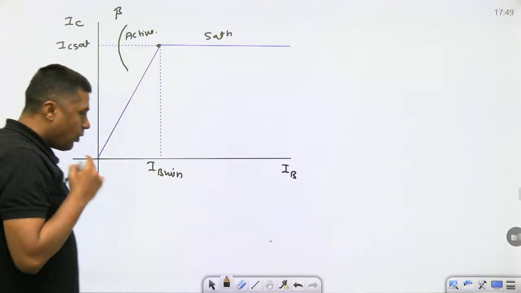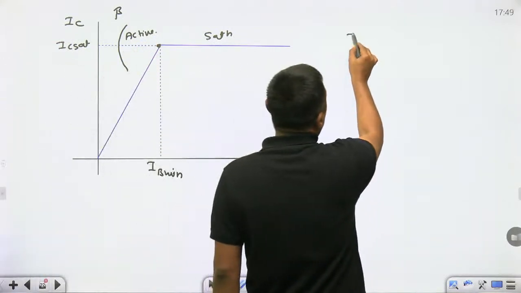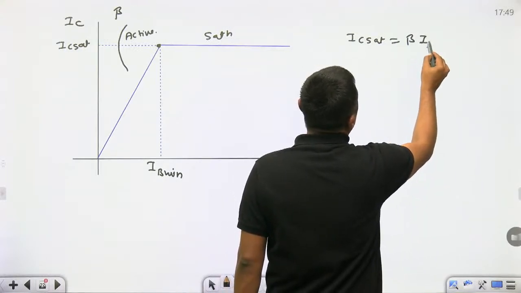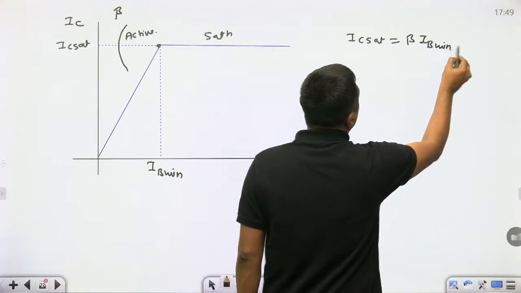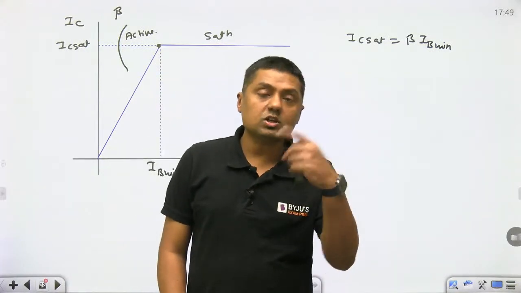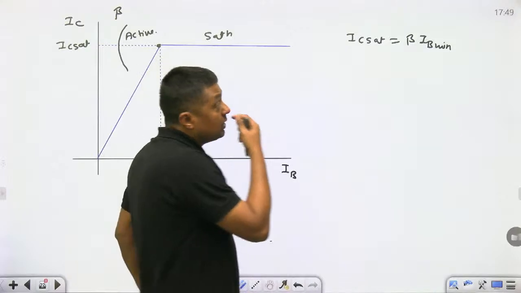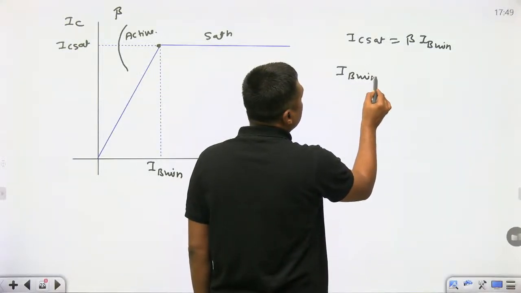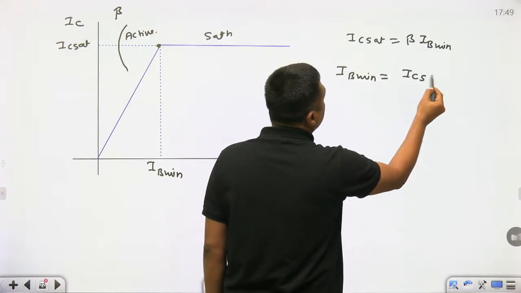So exactly at the boundary, IC sat is given by beta times IB minimum. I will explain what the overdrive factor is. So IB minimum, the minimum base current required for saturation, is exactly given by IC sat divided by beta.